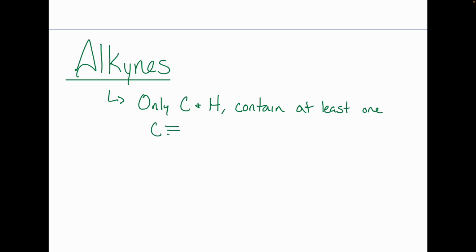Alkenes had a double bond. What are alkynes? They got a triple bond, right? So these are, again, molecules with only carbons and hydrogens, but they contain at least one triple bond. And I guess specifically carbon-carbon triple bond.